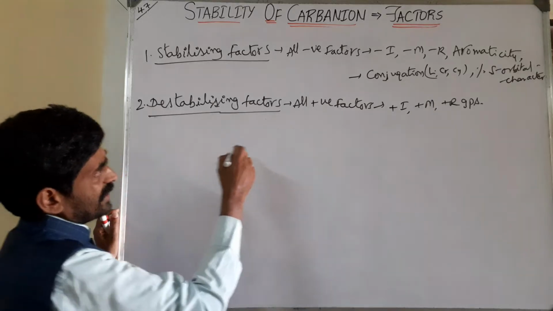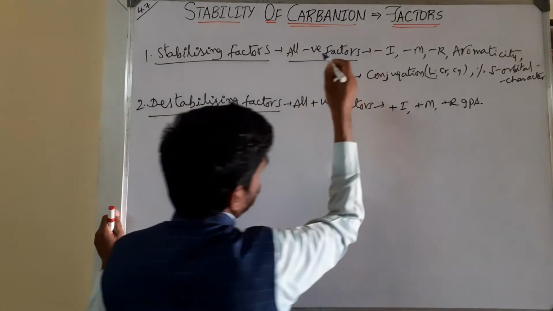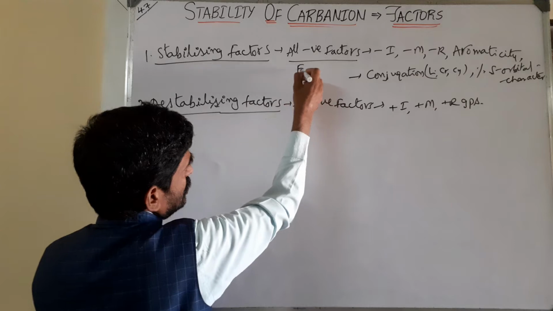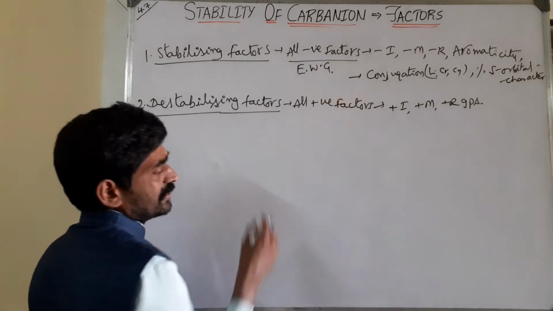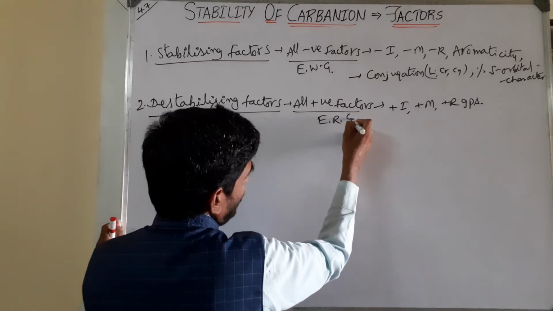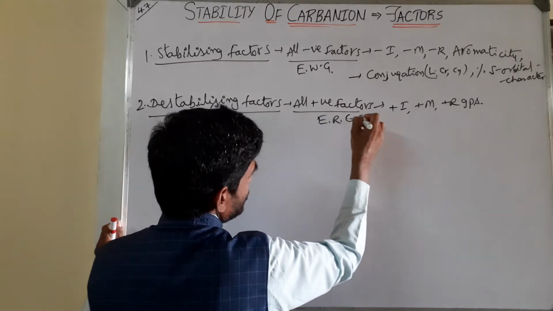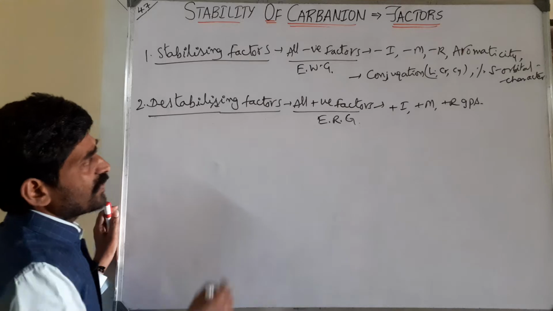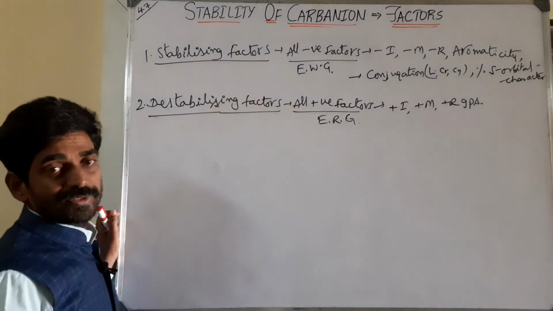In stabilizing factors, negative factors, that is electron withdrawing group factors. Positive factors are electron releasing group factors. First of all, we will discuss electron withdrawing group factors.